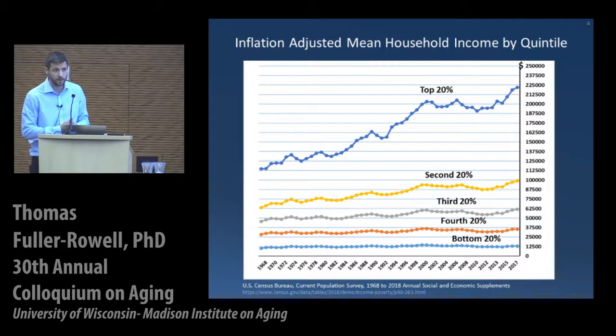Whereas around 1970, the top 20% of households were making on average around $120,000, once we get to 2017, it's more like $220,000 that top 20% is making. So really substantial changes in material affluence for that top group.